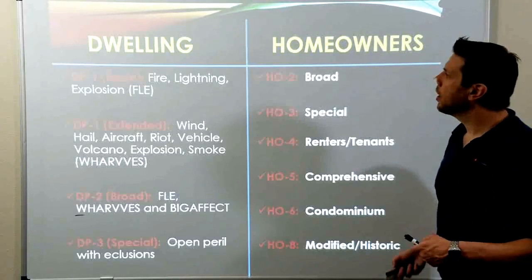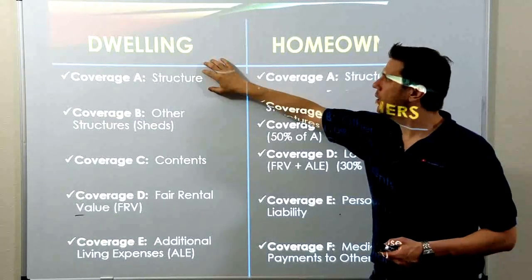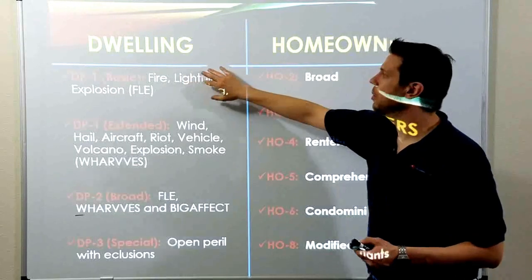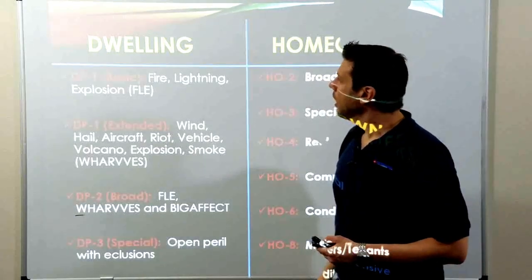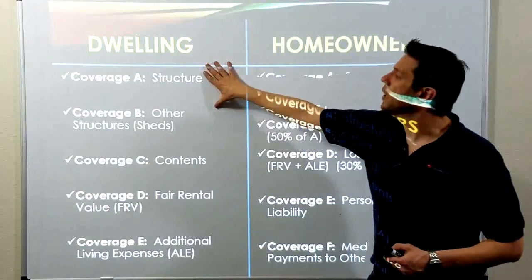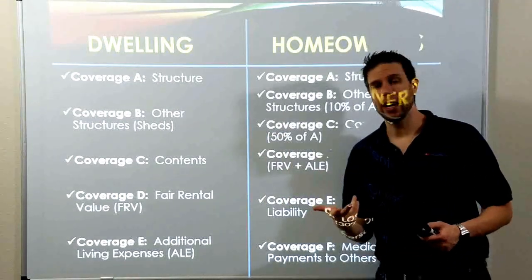So, coverage A under dwelling: under a dwelling policy 1, your house was only covered for fire, lightning, explosion. A DP2 broad, your coverage A was covered against the broad perils.